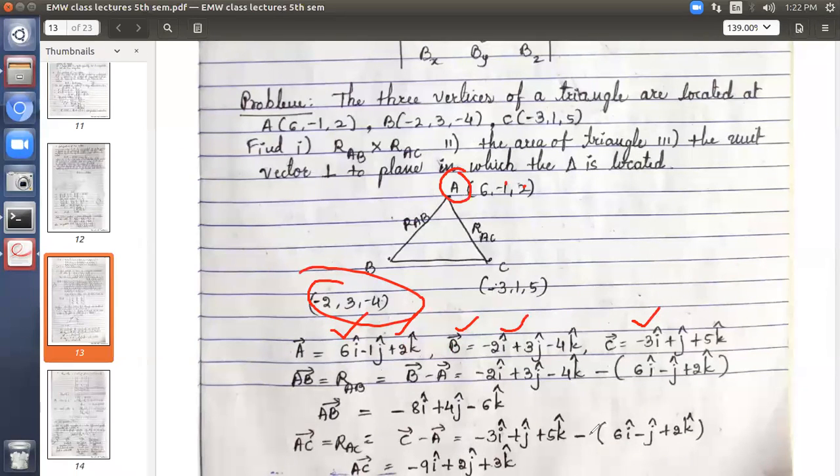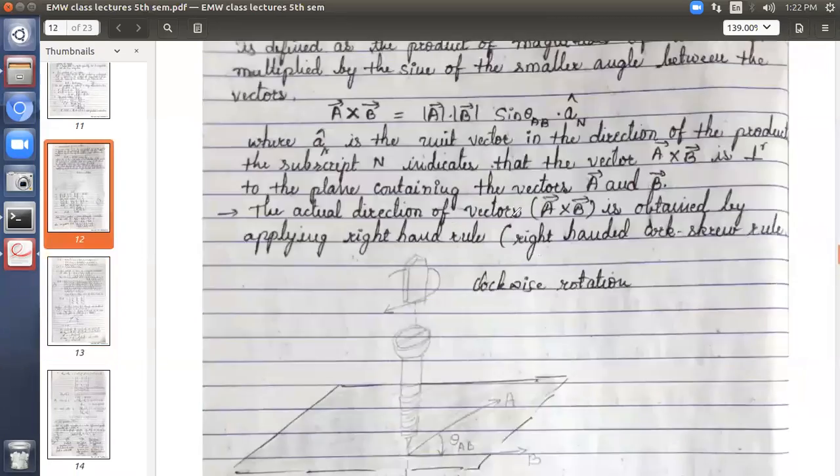So how to go through this? In order to find the cross product, we want RAB, this distance. How to find it? Use the distance formula. Points A and B are given to you. RAB equals the B vector minus the A vector. This is a very well-known fact to you. Just let me recall it.